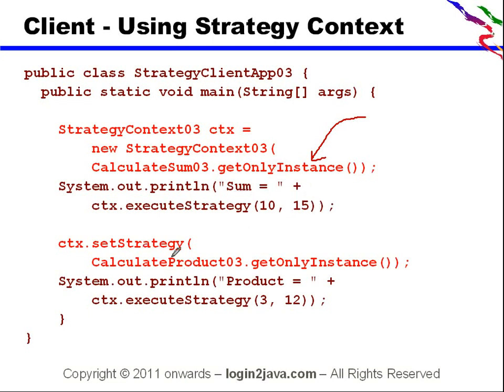Similarly, now we need not take a separate instance for the context if we need to use the same context. So same context.setStrategy, and we can pass on another strategy like product, and this will be executed on product.